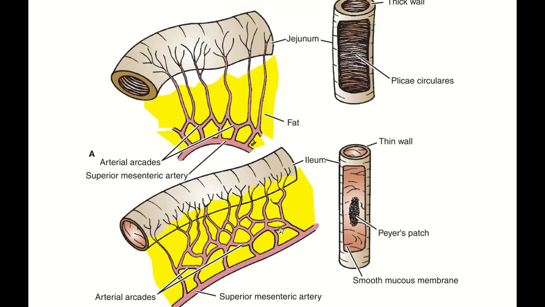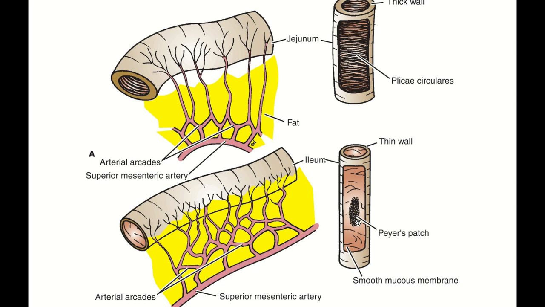Let's take a look at the diagram. From this diagram, you can see that in the ileum there are abundant arterial arcades and short vasa recta. In the jejunum, there are few arterial arcades but long vasa recta. You can see the thick wall of the jejunum here and the thin wall of the ileum here. In terms of adipose tissue, the jejunum leaves these windows of fat; the fat is not as abundant as in the ileum, where it is abundant.